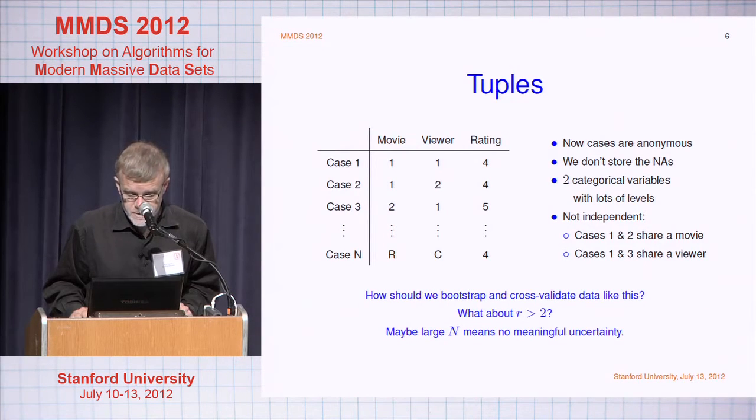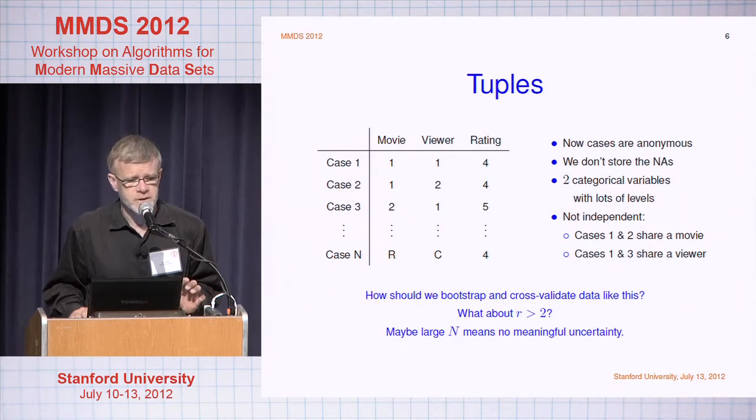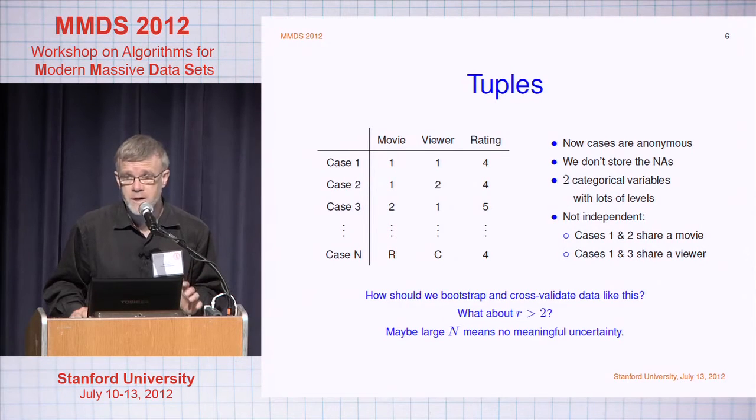If you look carefully, the first 2 rows are about the same movie. If that's a really good movie or a really bad movie, it's going to make the ratings correlated, because the ratings of the same movie are not independent. If you look at case 1 and 3, it's actually the same person. They're not independent either. So there's a real tangled mess of correlations amongst your data points. You can't just bootstrap naively.